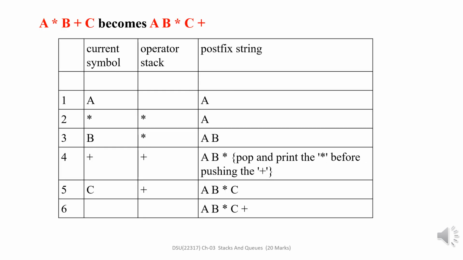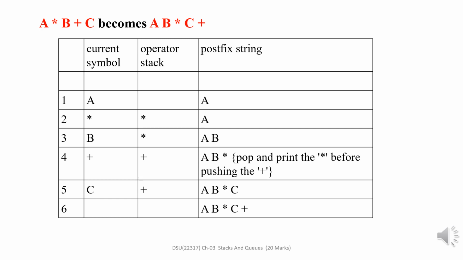So, this is our example: a * b + c. This is the table: current symbol, operator stack, postfix string, or we can write it as the output. The current symbols are a * b + c, and we write them one by one in the column. First a: in the operator stack there is no operator, so the postfix string is a.